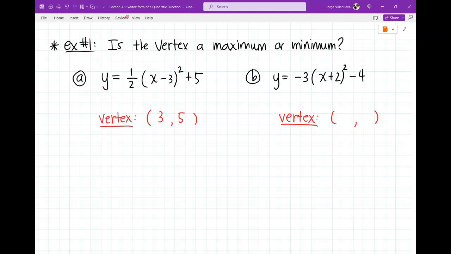It's a minimum because according to a, which is half, I'm going to kind of write it down. Since a equals half, it opens up, right? So I'm going to say vertex is a minimum.